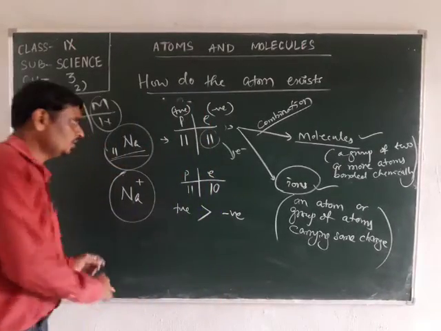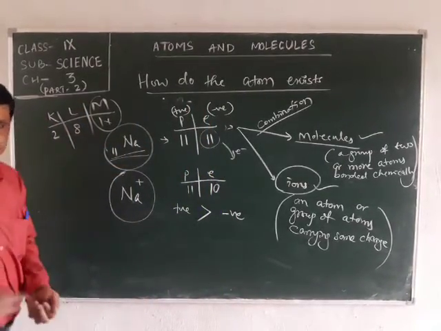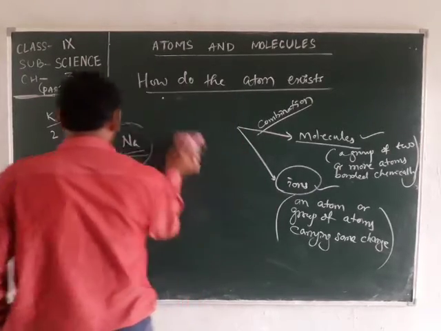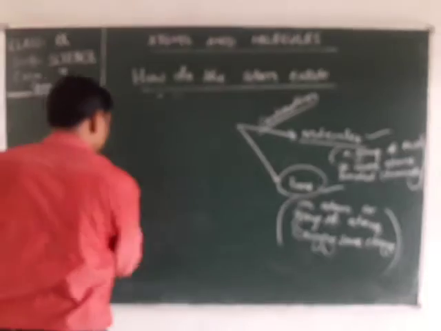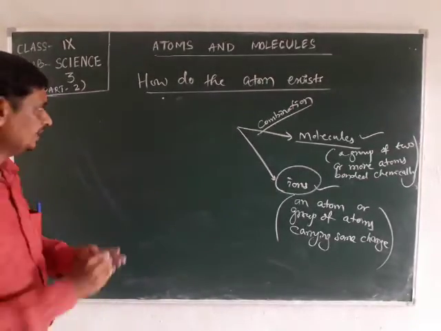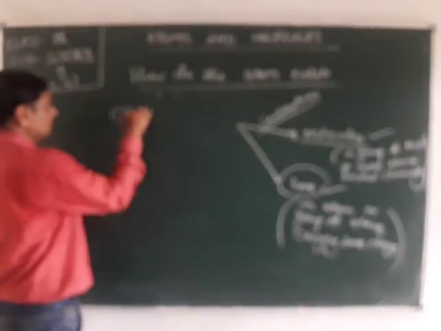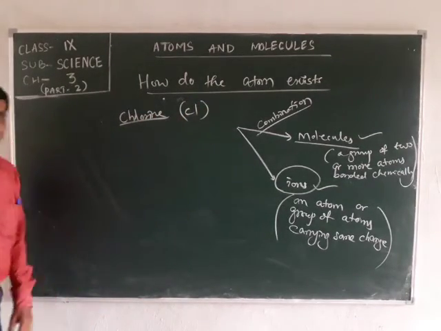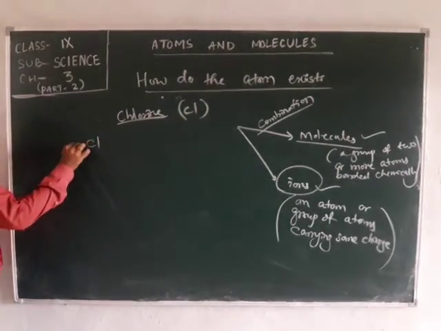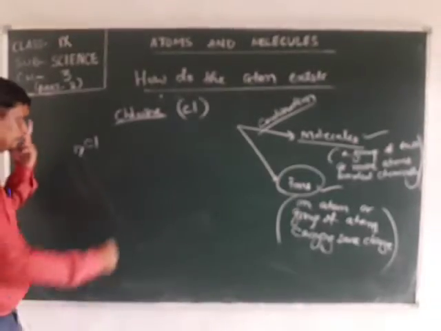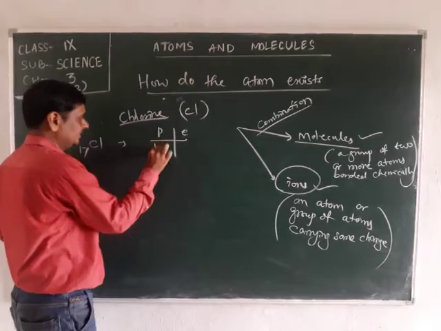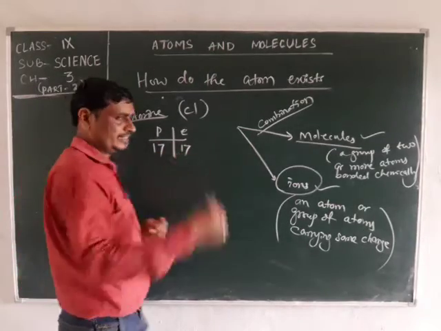Similarly, if we look at chlorine, it has atomic number 17. It means it has 17 protons and 17 electrons.